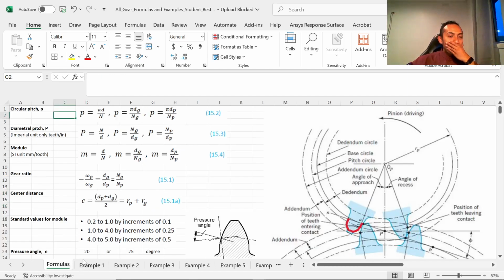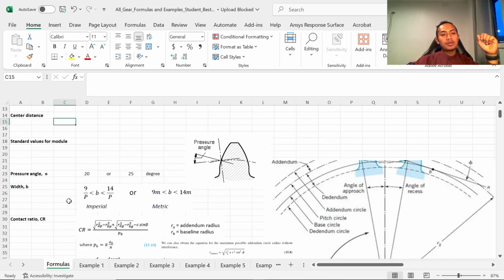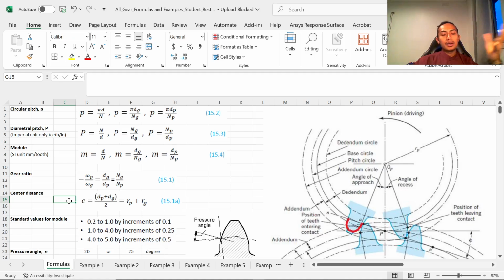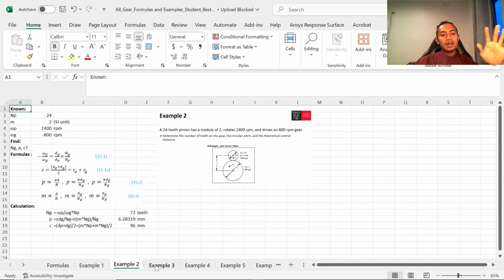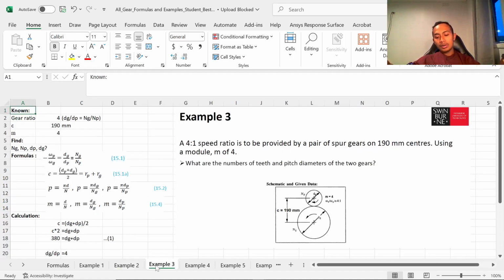I have created a formula section in the first sheet because there are a lot of formulas in this gear analysis. From these formulas we will try to solve a simple problem first. This is one of the tutorials at Swinburne University.